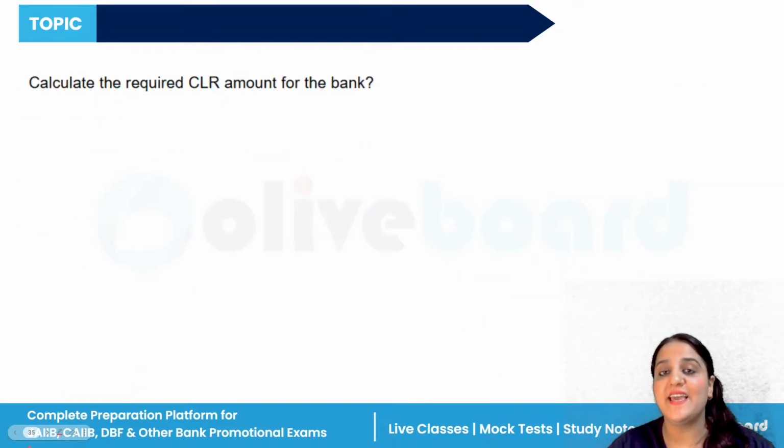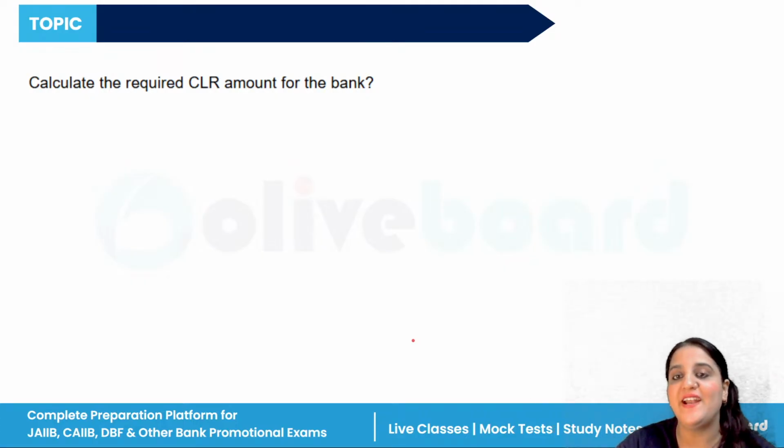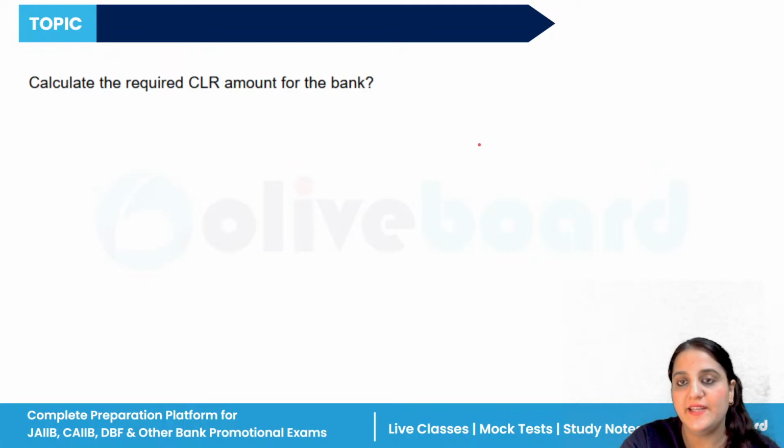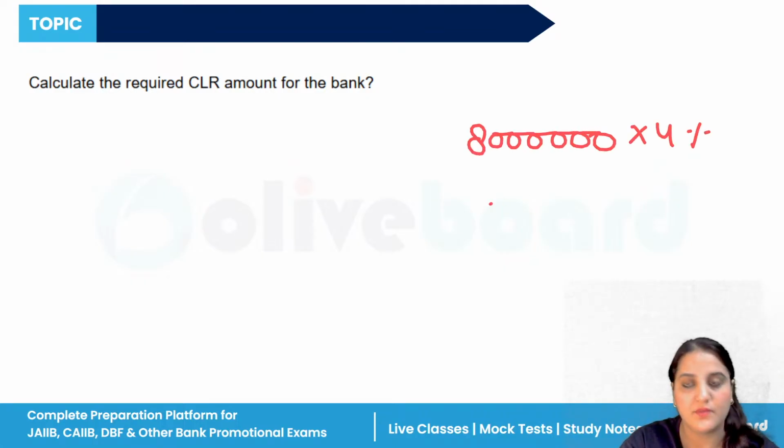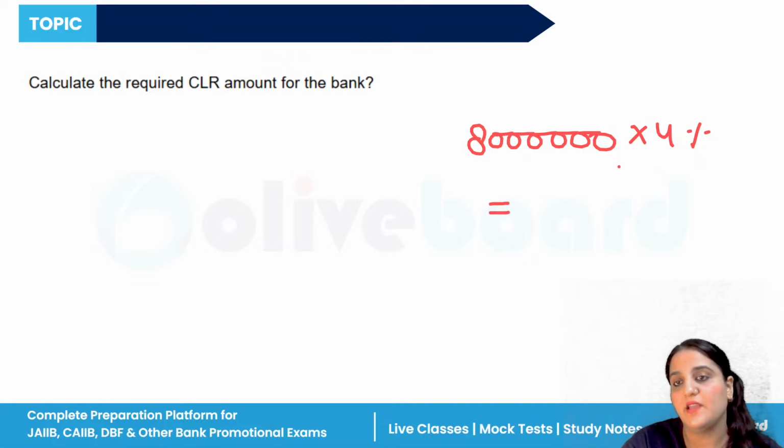Now calculate the CRR amount. Same as SLR, CRR is calculated. CRR requirement is given here. So for this, simple, do the 4% of NDTL. And NDTL amount 4% is equal to 3,20,000.